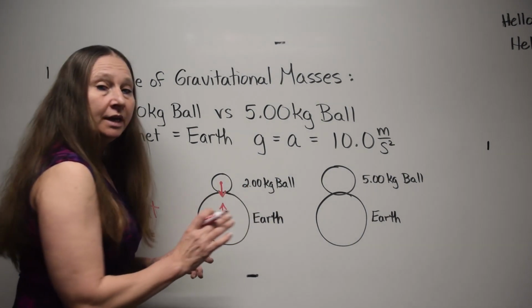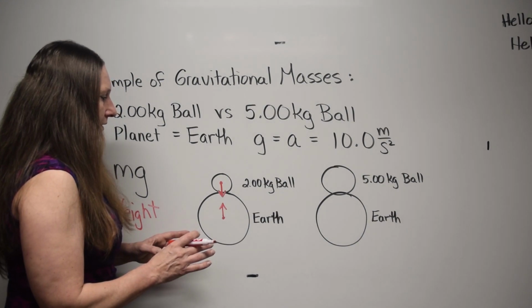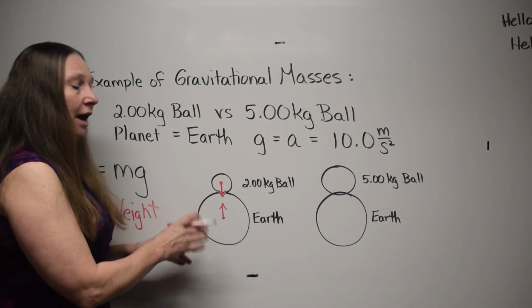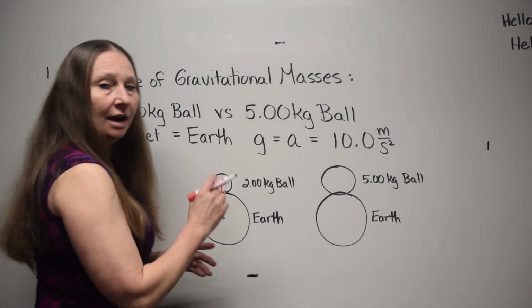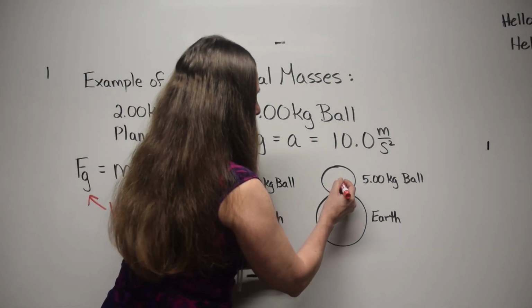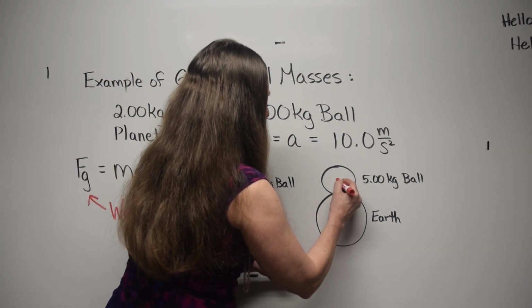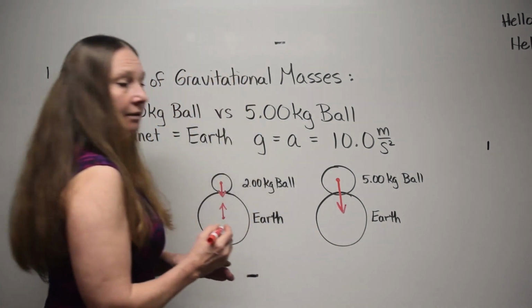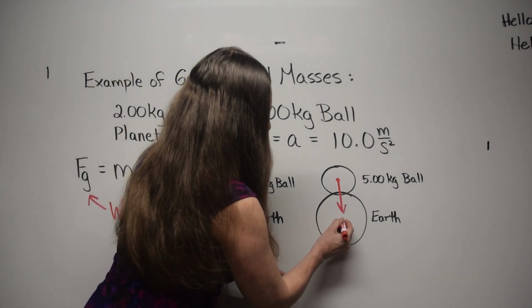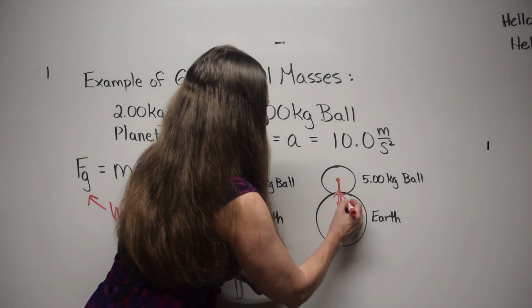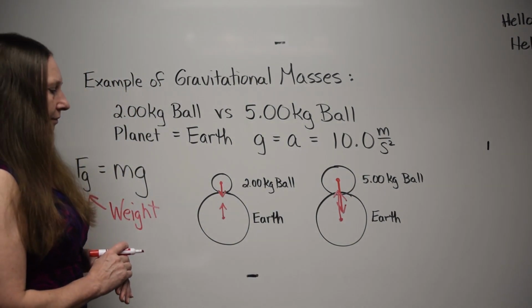But this is a 2 kilogram ball. It doesn't have as much attraction as the 5 kilogram ball. For the 5 kilogram ball, the attraction is greater, right? And therefore the attraction back for the Earth is also greater.